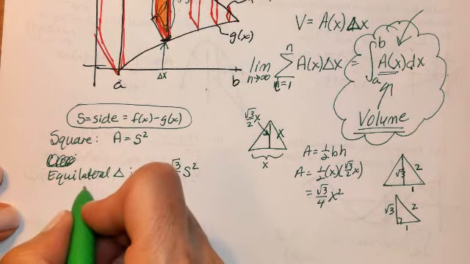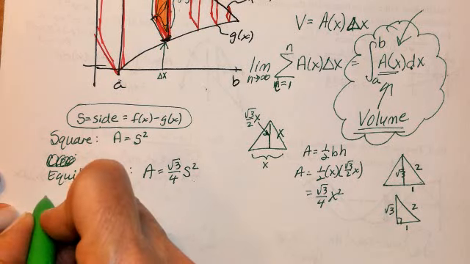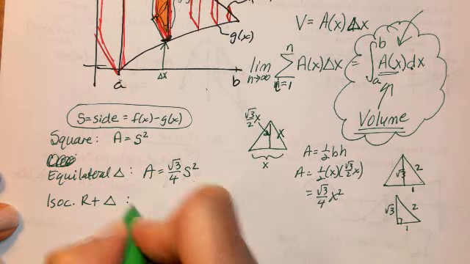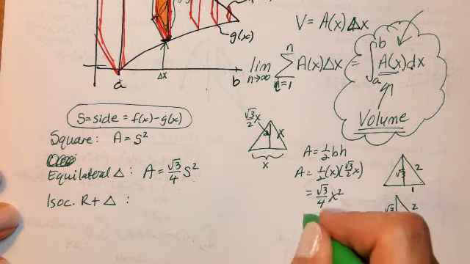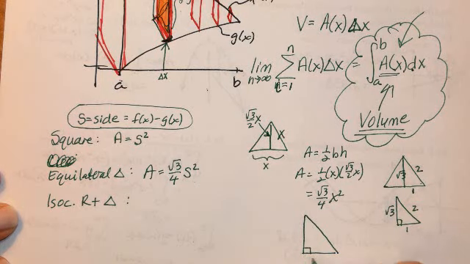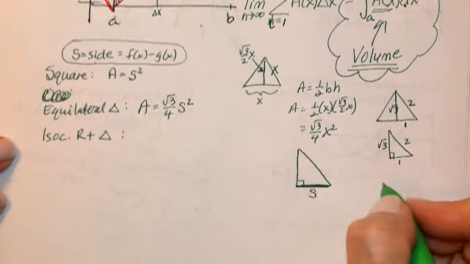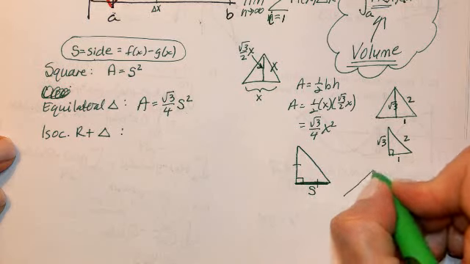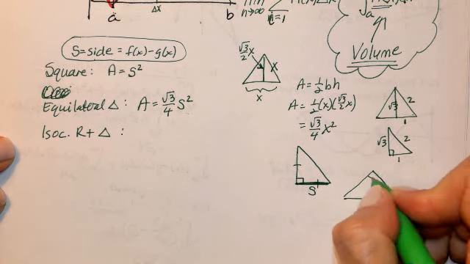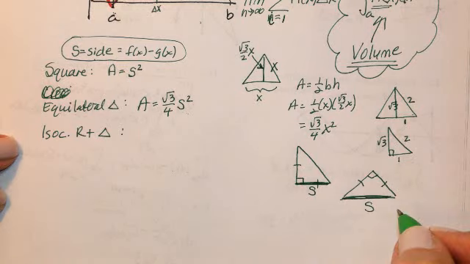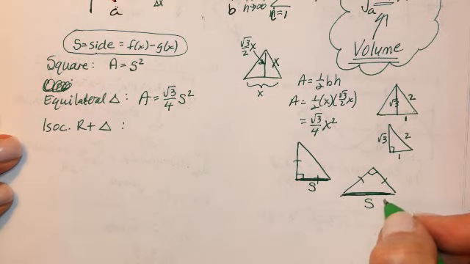All right. What about an isosceles right triangle? In an isosceles right triangle, we can actually have two versions. We can have one where the leg is on the base, so that is S. And then we can have one where the hypotenuse is on the base, so that is S. So do you see the two different kinds?